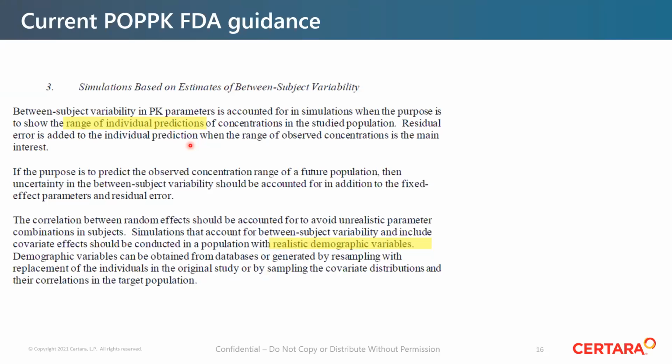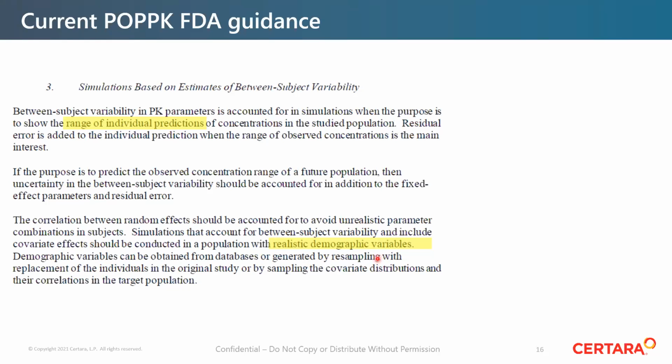So I incorporate BSV. And when we want to understand the range of individual predictions, we no longer want to vary one covariate at a time. It's no longer realistic. What we want to plug into the simulation is a realistic demographic distribution.